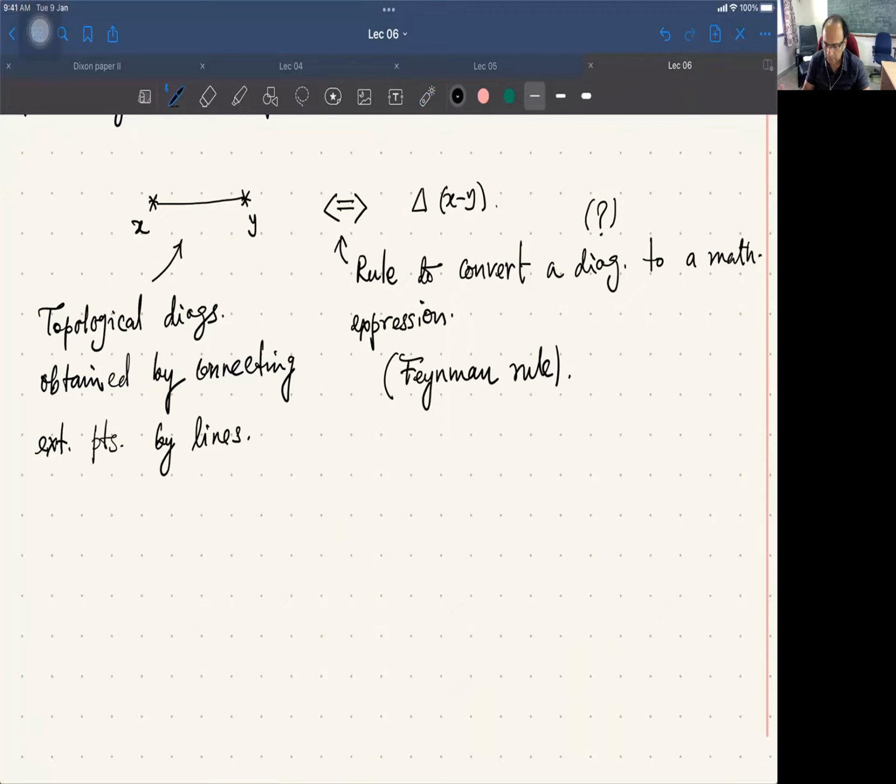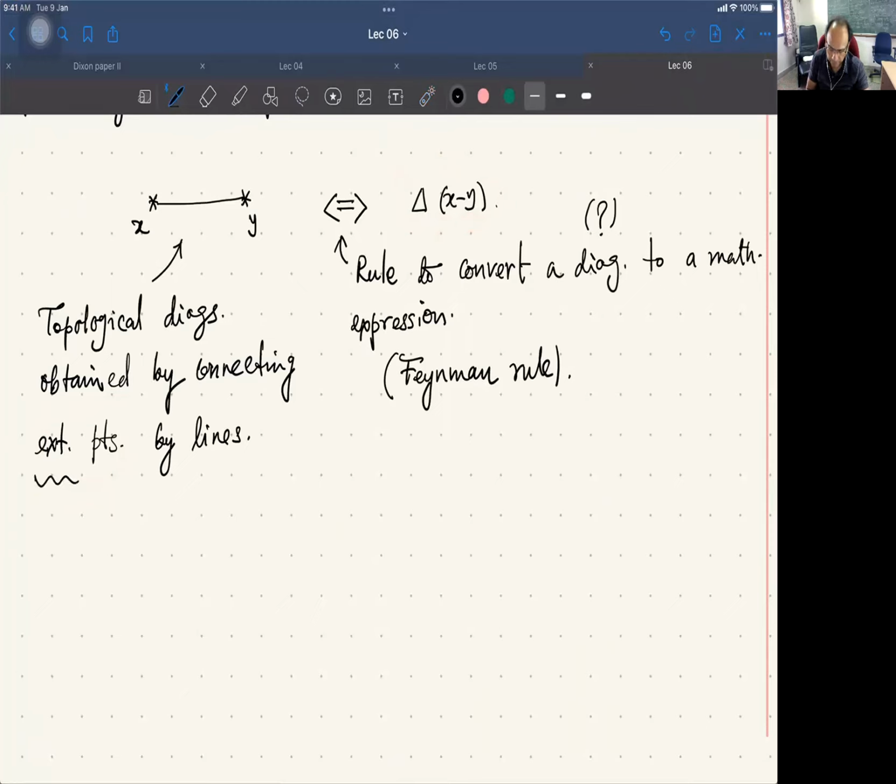The mathematical quantity that Feynman rules give depends on certain arguments, and these arguments are nothing but the external points. Anything that is internal will not show up in the final expression. The expression depends basically on these external points.